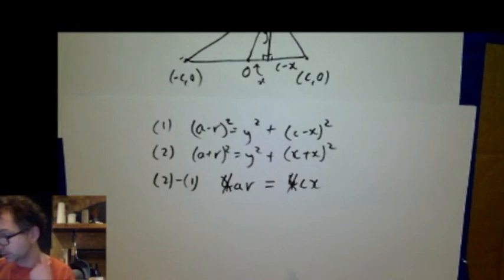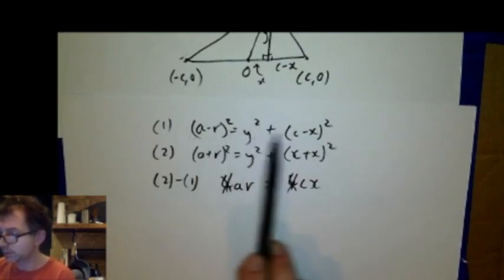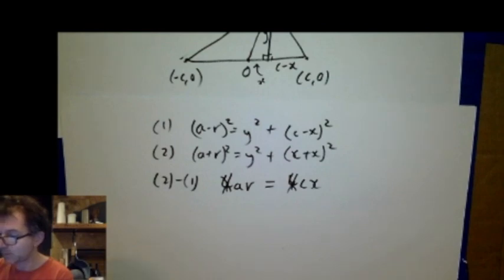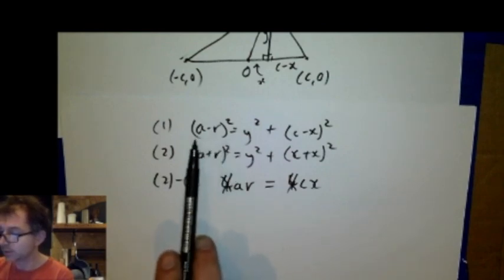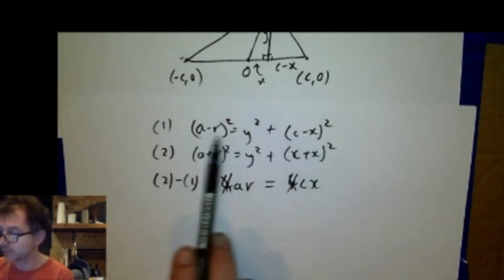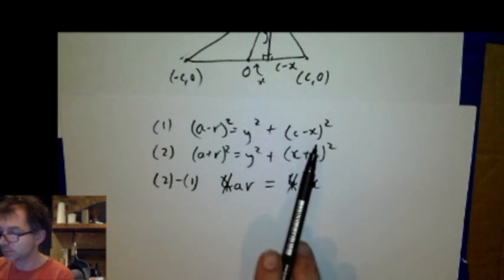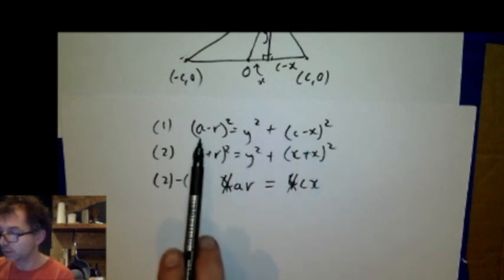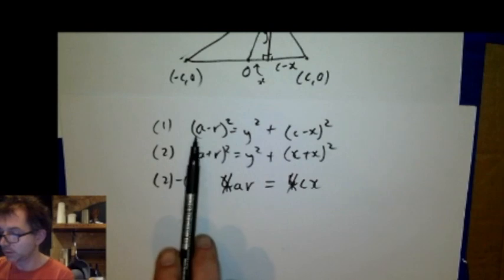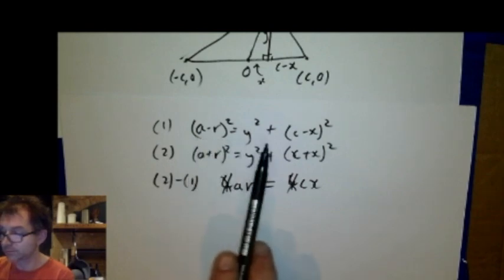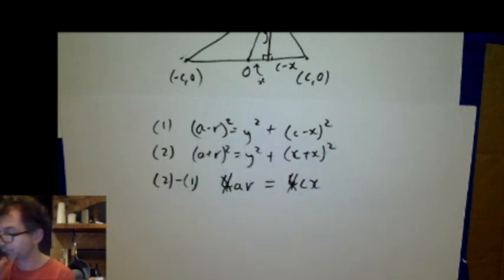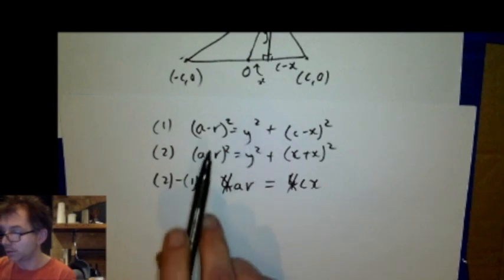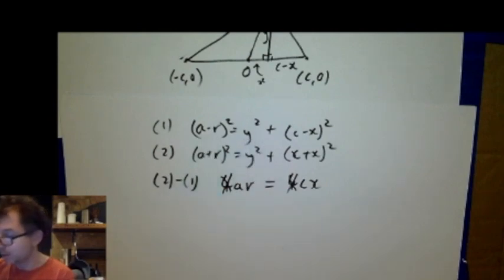Okay, well, let's just go back and insert into one of these equations. So we've got this equation here, where you've got something in terms of r and x and y. We want to get rid of the r, and we can use this equation to do it.